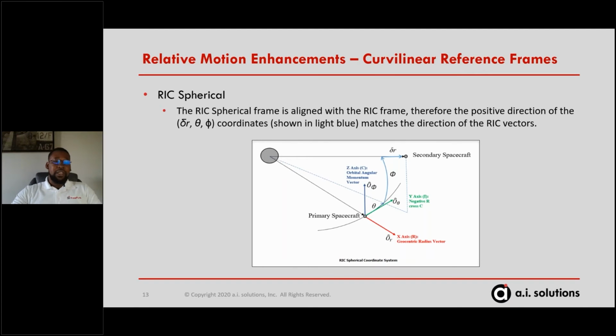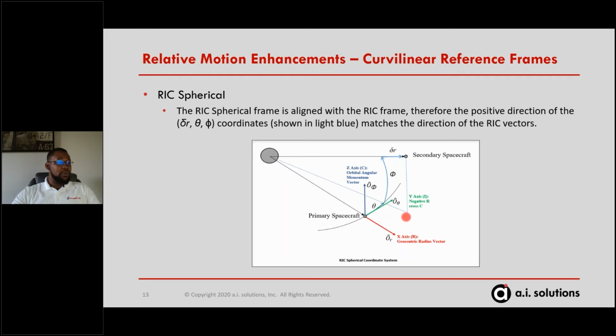Now, in comparison, our RIC spherical frame is also aligned with the RIC frame. Therefore, it has the same positive direction for its delta r, theta, and phi angles, shown in light blue. And with this, it differs slightly from the cylindrical in the way that we are translating our position.